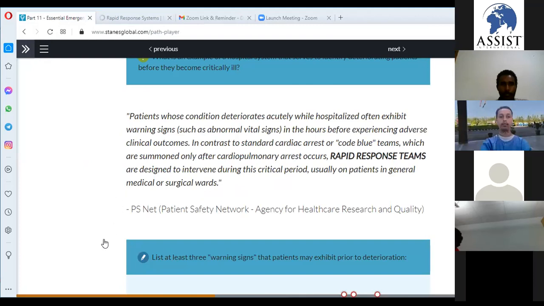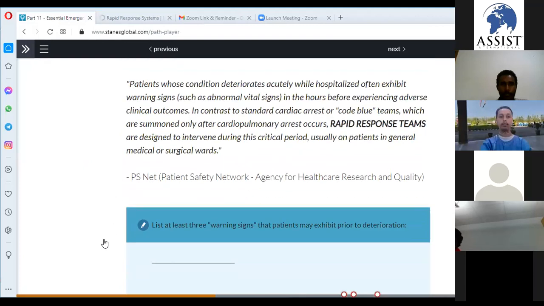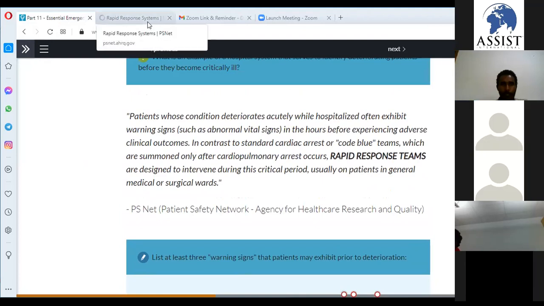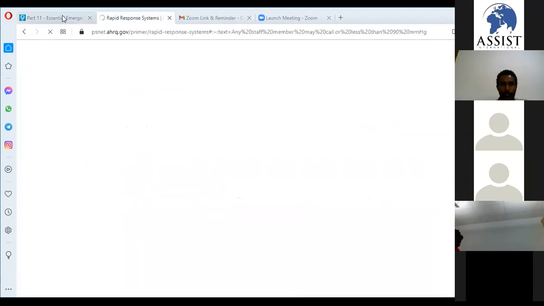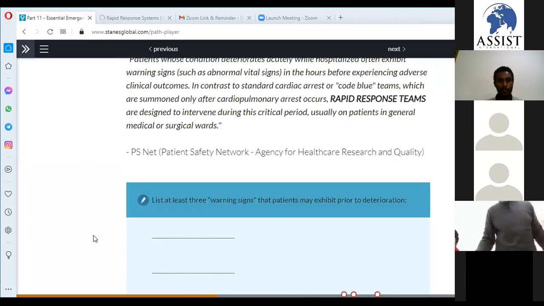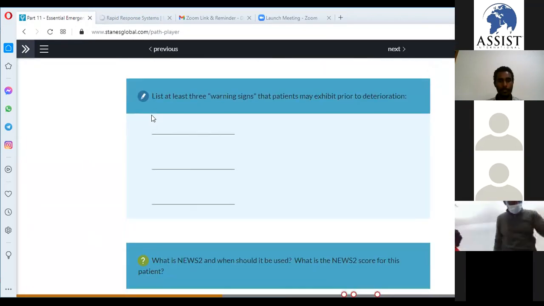So as Dr. Ananya said, there are different health professionals who can be included in the rapid response teams in a hospital. It may differ from one hospital to another. Meanwhile, the network is searching.